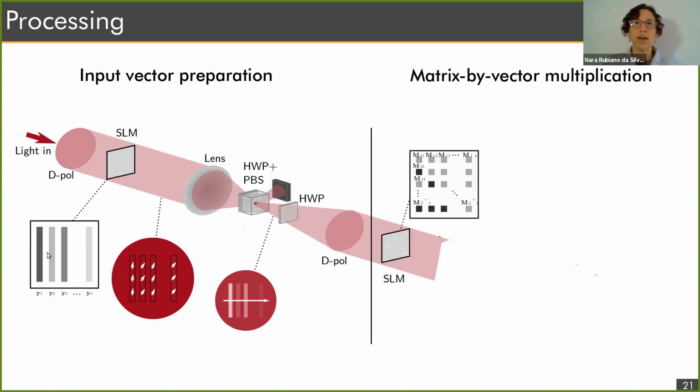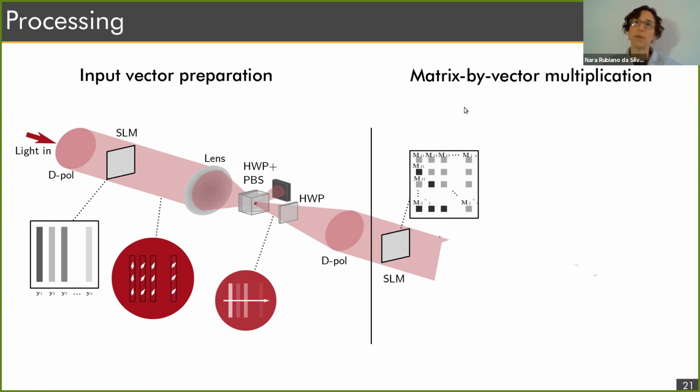So next, we project the vector that had horizontal polarization to diagonal polarization again, so we can implement the next operation, which will be multiplying this vector by a matrix. We do that by sending the light to the next SLM, where matrix elements will be encoded.